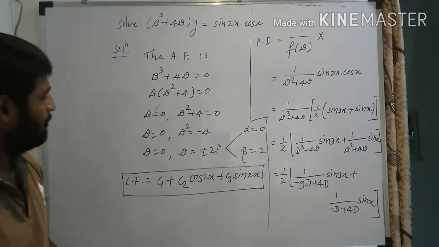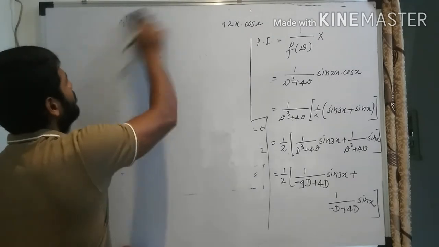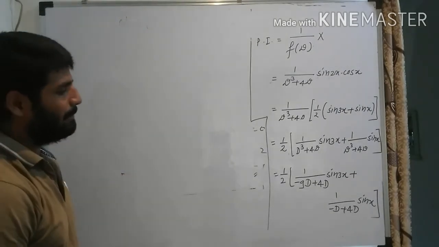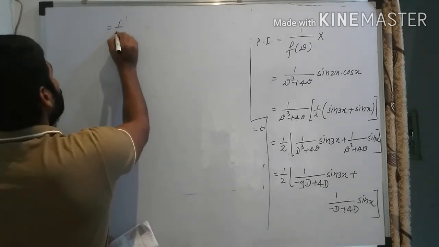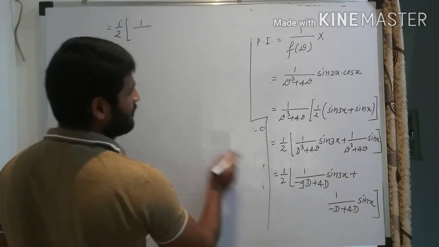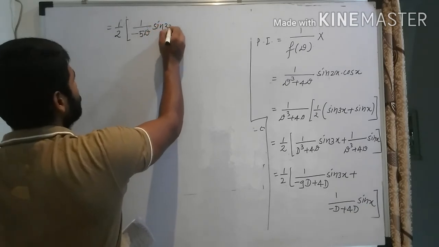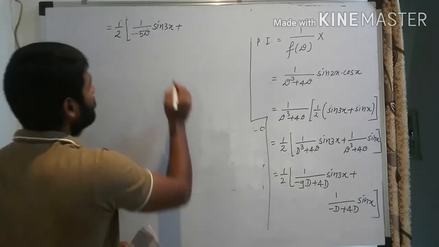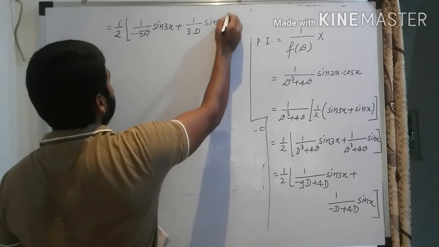So in the first term we replace D square by minus 9, and in the second term we replace D square by minus 1. Now simplifying this, we get 1 upon 2 into bracket 1 upon minus 9D plus 4D, that is minus 5D, into sin 3x as it is, plus minus D plus 4D, that is 3D, into sin x.